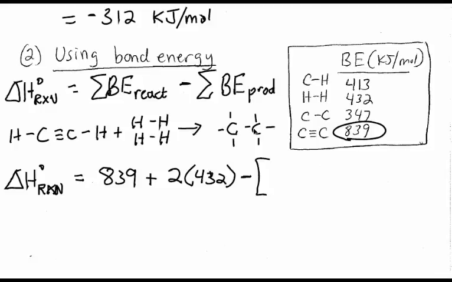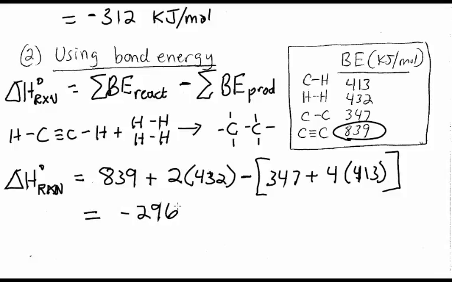In the products, we have 1 carbon-carbon single bond plus 4 times a carbon-hydrogen bond. Because remember, we didn't break 2 of them, we're just forming 4 of them. Okay, and you work out the math, and this comes out to negative 296, and remember the units are given here in the chart, kilojoules per mole.